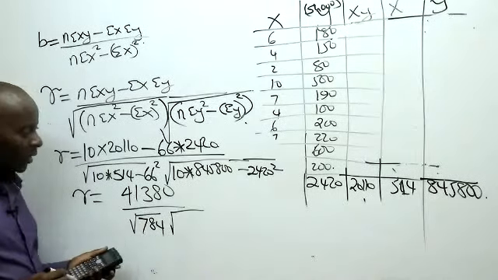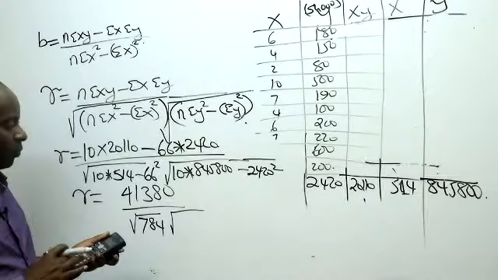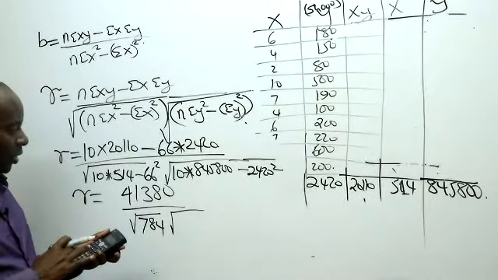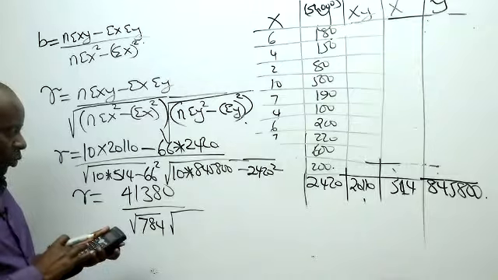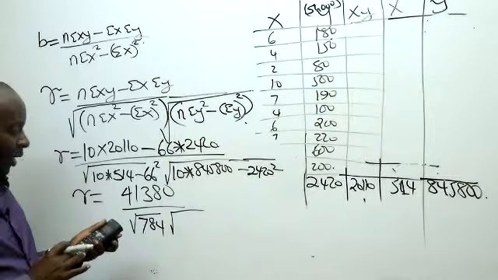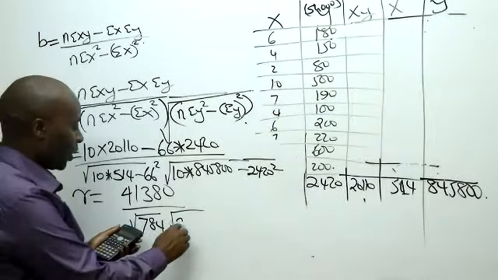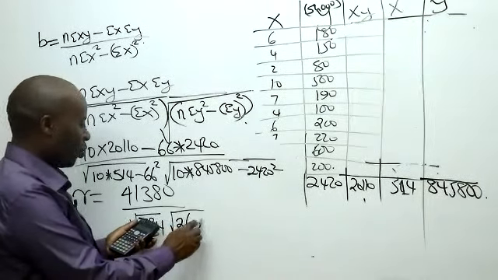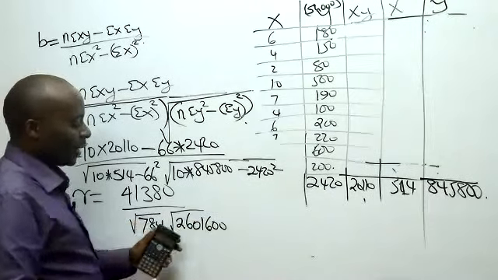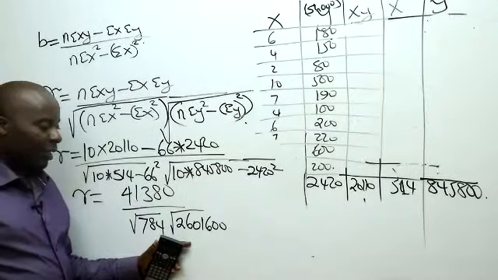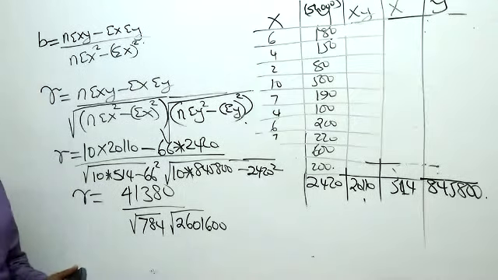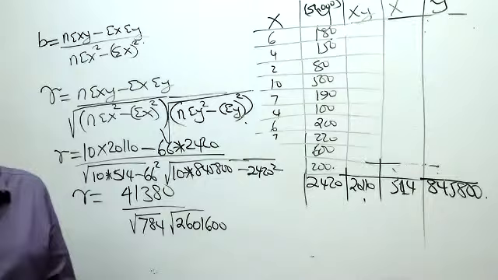The other one will be 10 times 845,800 minus 2420 squared, which gives me quite a big figure, 2601. Is there anybody who is getting this kind of a figure? They haven't given us. Let us give them time.